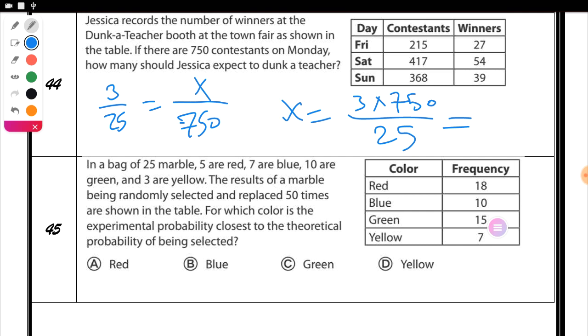Just calculate it and we'll find x. So this is the expected number.